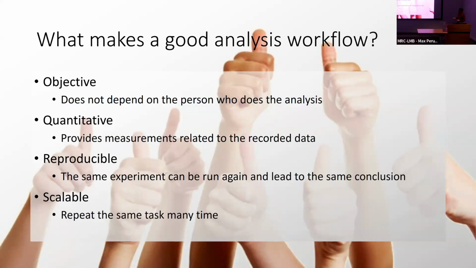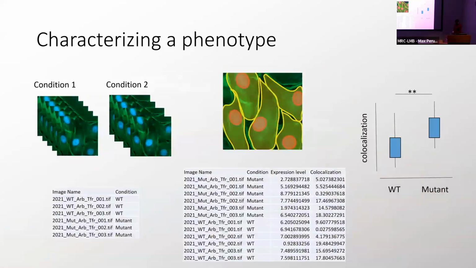You want to be quantitative, so you want to provide measurements which are related to your data, to your experiment. You want it to be reproducible, so you want to be able to run the same experiment again and again and lead to the same conclusion. You want to be scalable, to have enough numbers to be able to put some stars here, basically.